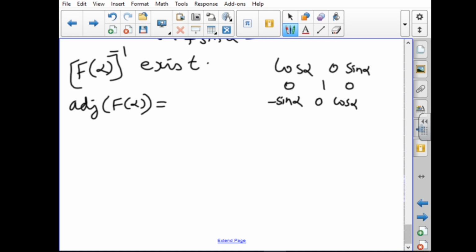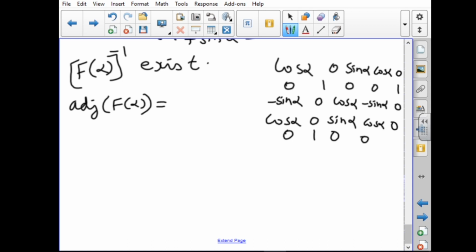We write the first two rows, cos alpha, 0, sin alpha, 0, 1, 0. First two columns: cos alpha, 0, minus sin alpha, cos alpha, 0, and 0, 1, 0, 0, 1. So we cancel the first column and the first row.